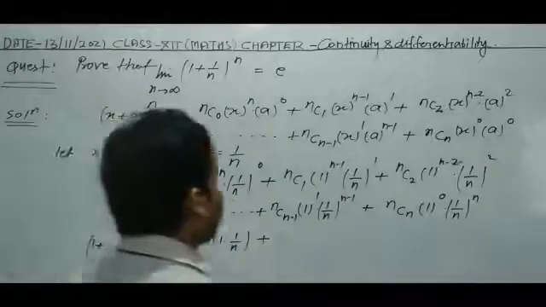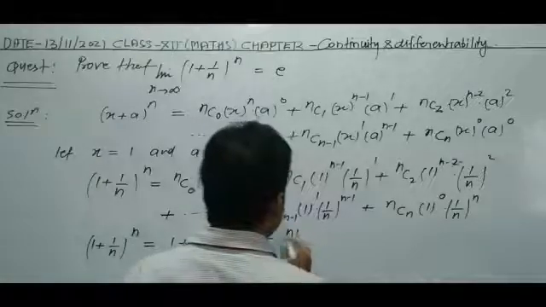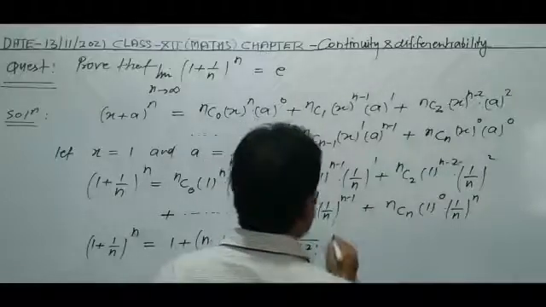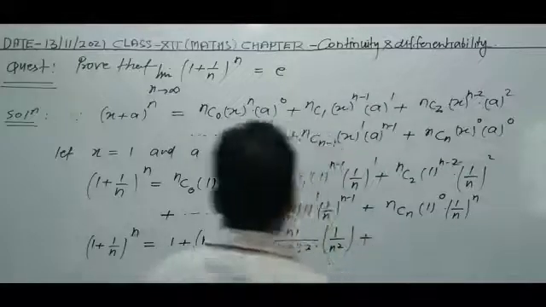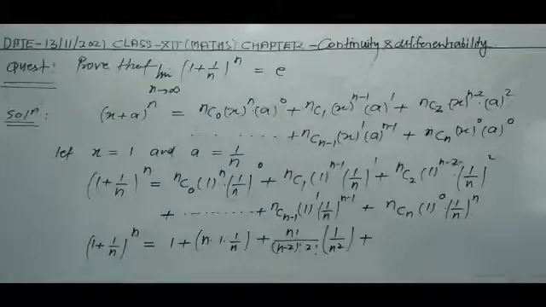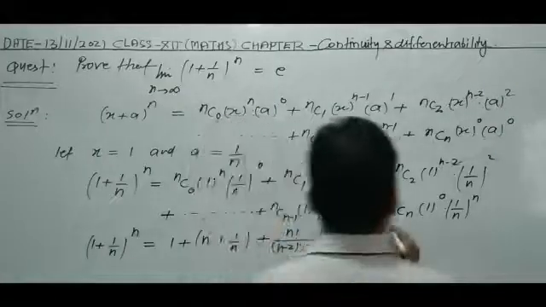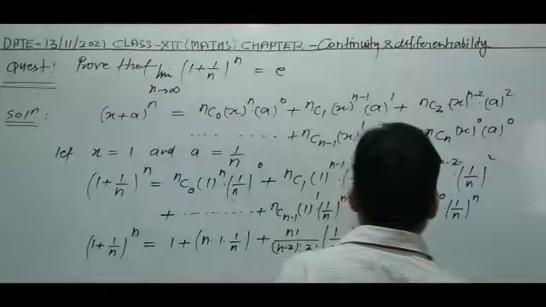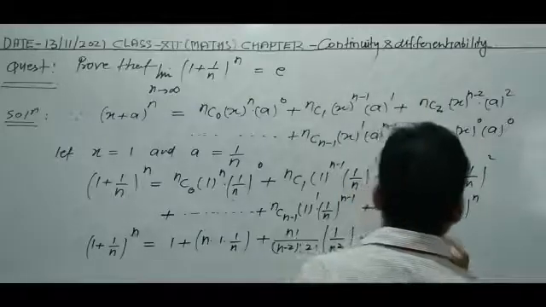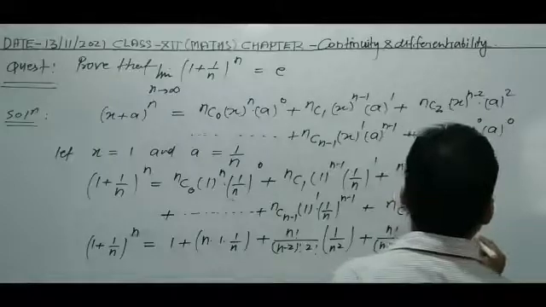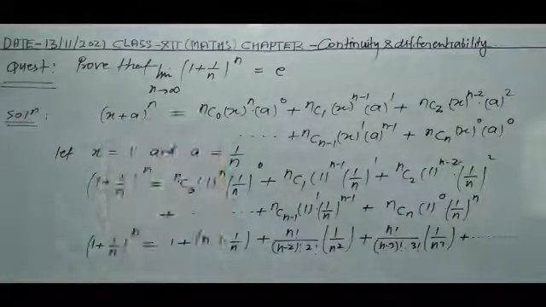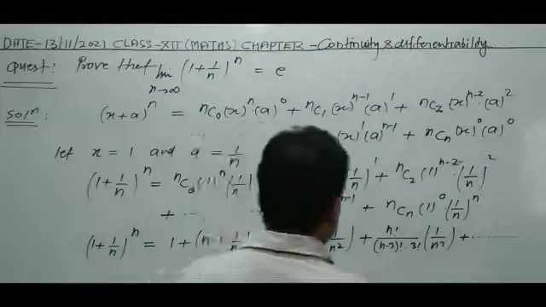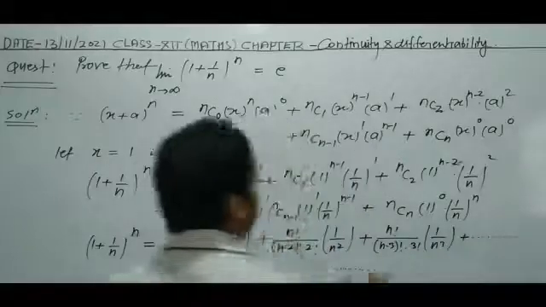Now the second term is nC2, which means factorial n upon (n minus 2) factorial into 2 factorial into 1 upon n square, plus factorial n upon (n minus 3) factorial into 3 factorial into 1 upon n cube, plus up to, and the last term is that infinity.